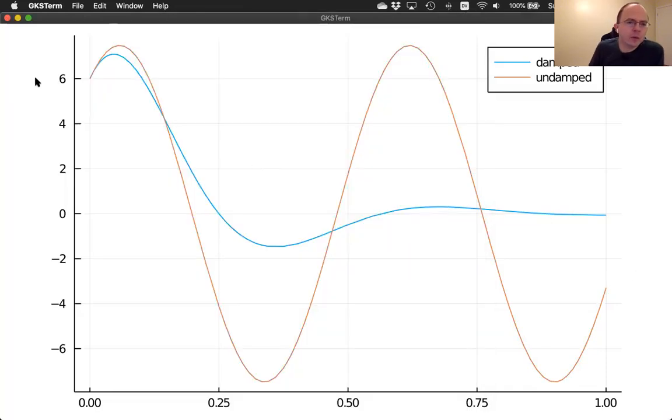So you see they both start out at the same position and velocity because they have the same slope at that point. But then you see the effect damping has on the vibration.